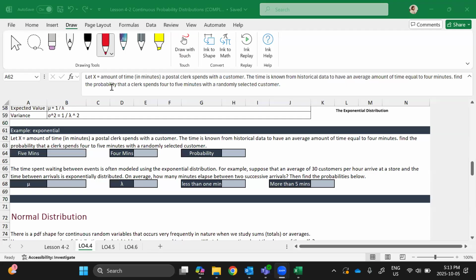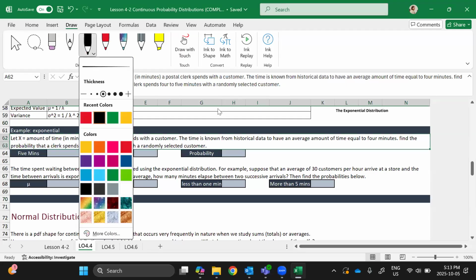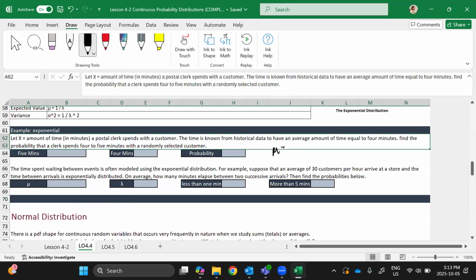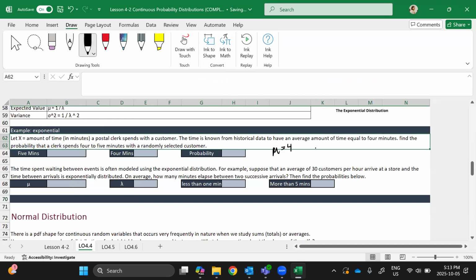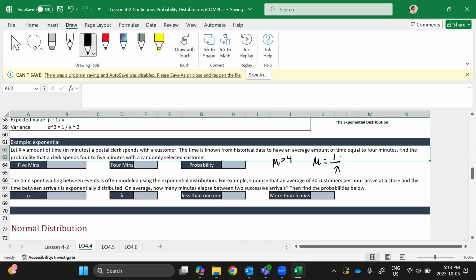That average value that it's giving you in the question is mu. Mu is 4 minutes. But we need lambda in the Excel formula. The Excel formula needs lambda, but we do know the relationship between mu and lambda. Mu is 1 over lambda. So if we want lambda, if we rearrange the formula for that, lambda would be 1 over the average, mu.